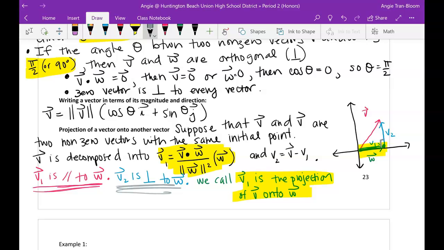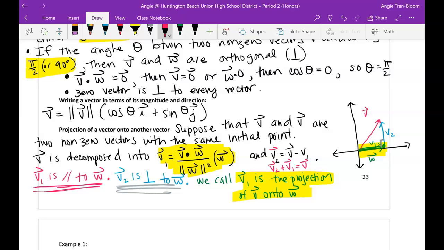And is v1 plus v2 equal to just v? Sure, because if v2 equals v minus v1, then with some basic math I can add v1 back to the left-hand side, and that equals v. So all of that is true.